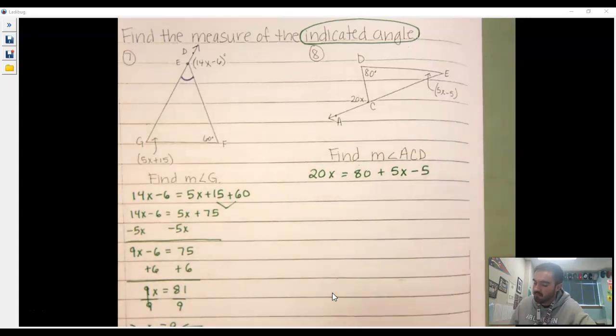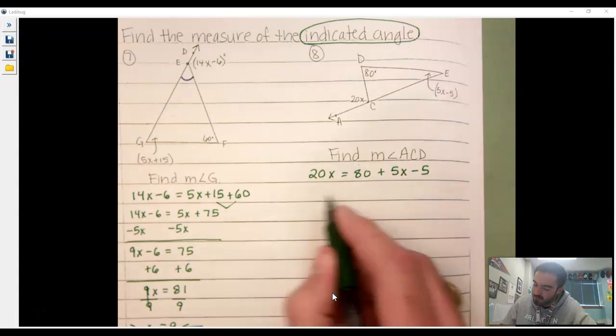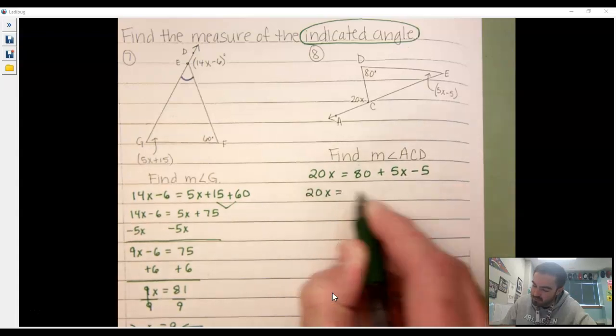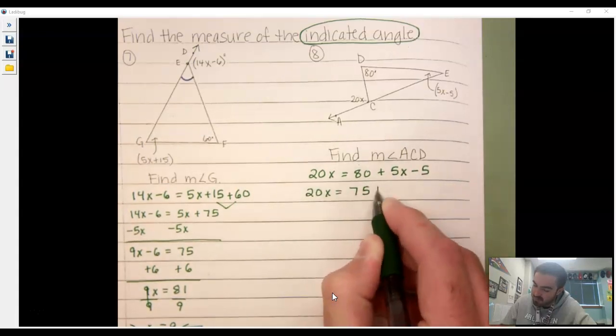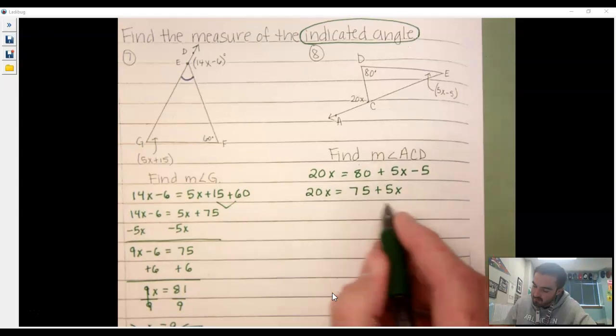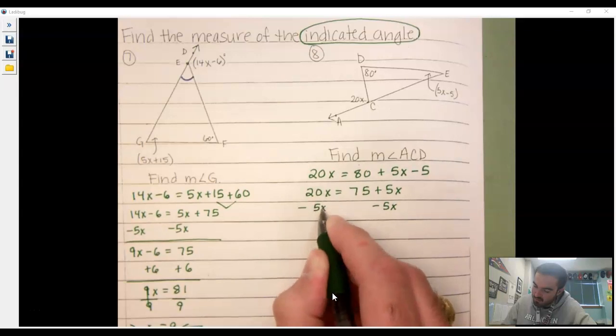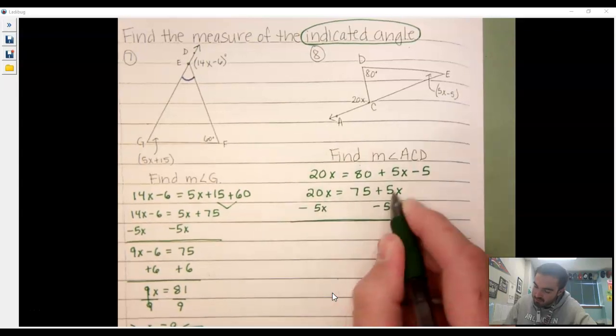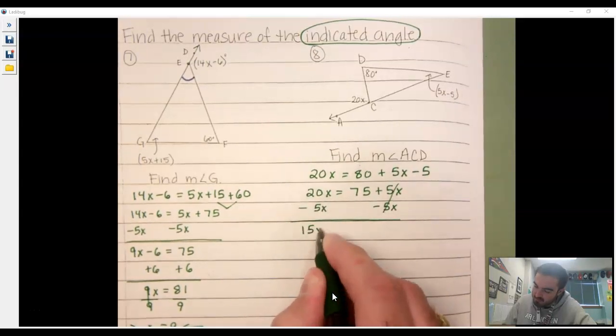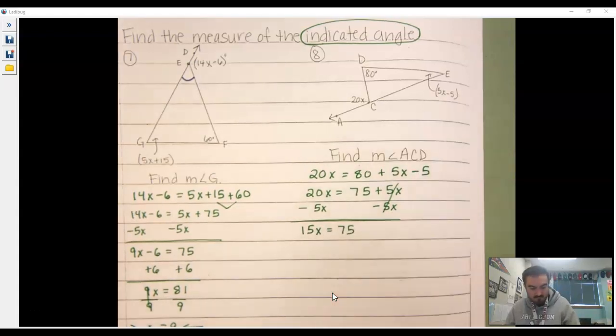We would combine like terms. 20x equals 75 plus 5x. Subtract 5x on both sides, because I want all my x's on one side. I'd get 15x equals 75.